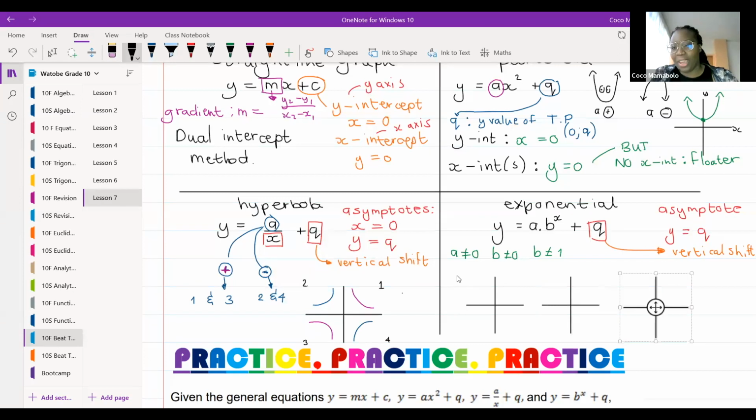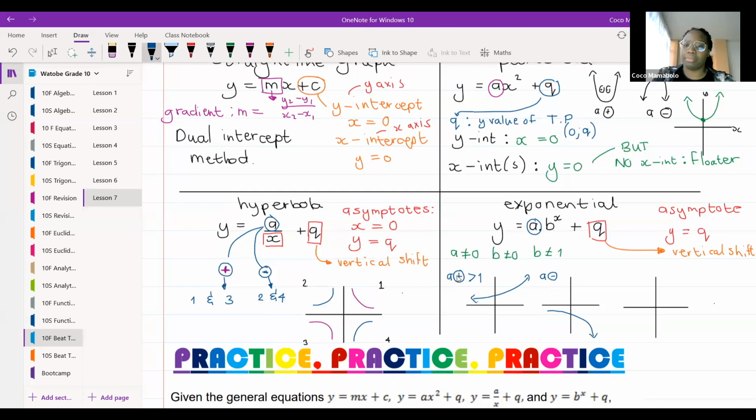Okay, cool. So if this a over here, guys, let's start with if a is positive. If a is positive, my graph will rise in that direction. And not just positive, if it's positive and greater than 1, my graph will increase in that direction. Now, if a is negative, then my graph will be down here.